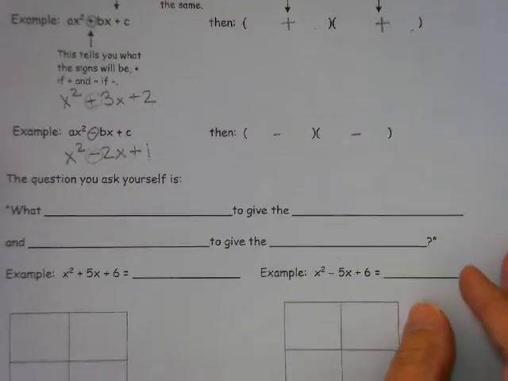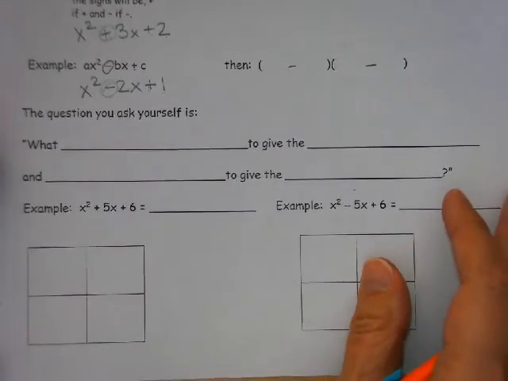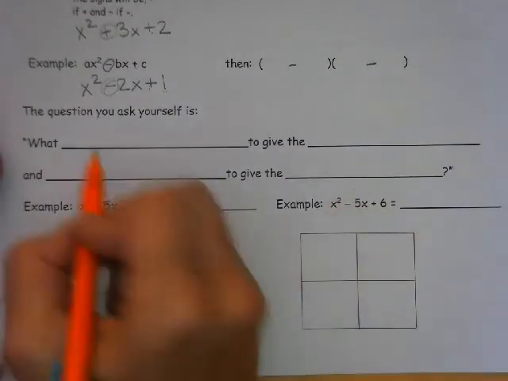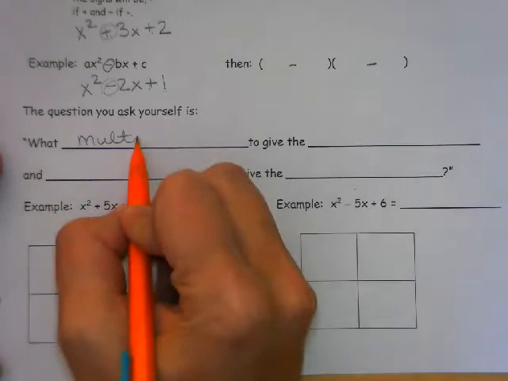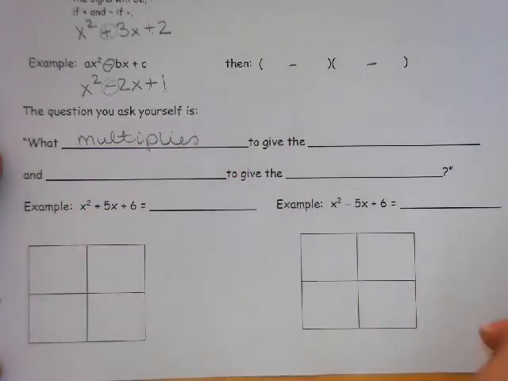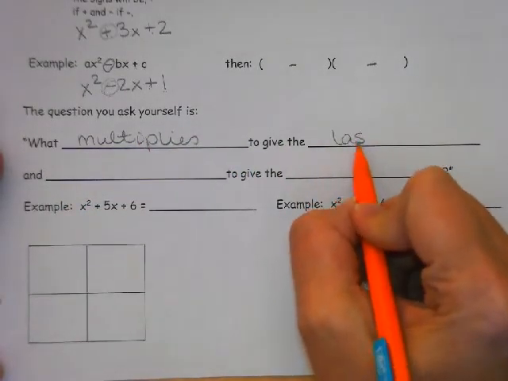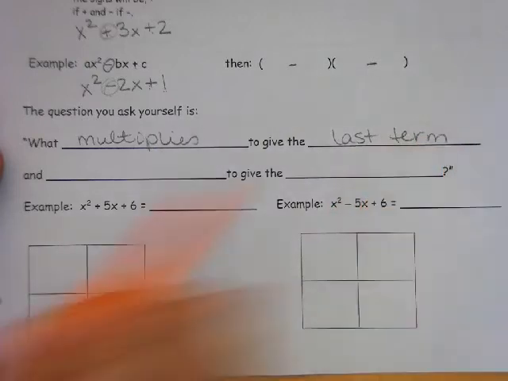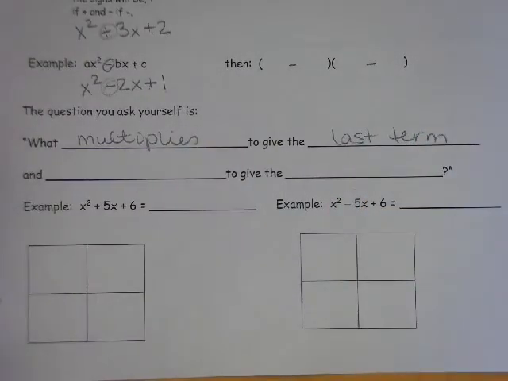The question you need to ask yourself is kind of like a big puzzle. What multiplies to give the last term? When we were building with the algebra tiles yesterday, we looked at that last term. For example, if it was 3, the only numbers that multiply to make 3 are 3 and 1.